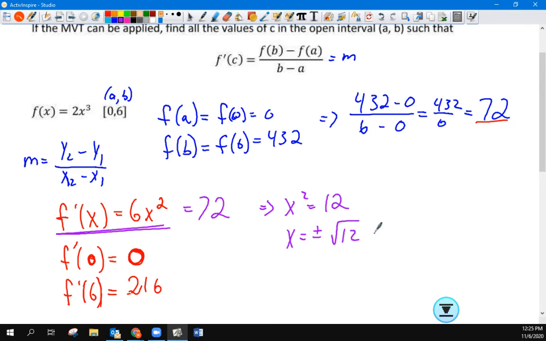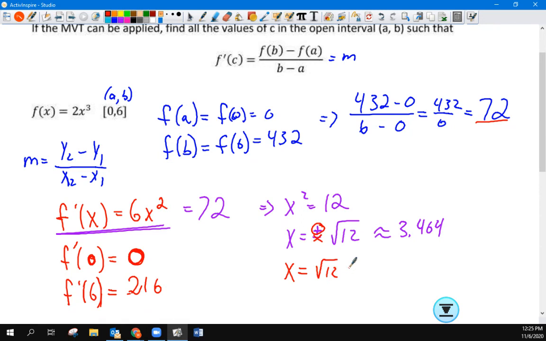And the square root of 12 is approximately 3.464. Okay, now I can automatically throw out the negative one. It has to be the positive one. We can only use the positive one because my interval is from 0 to 6, and negative 3.464 is not in my interval.